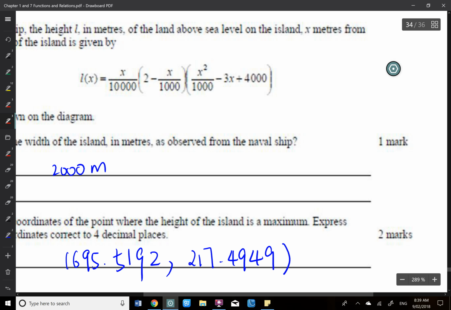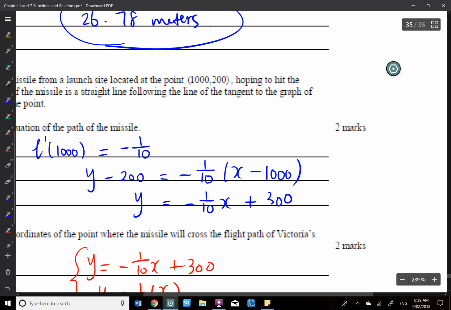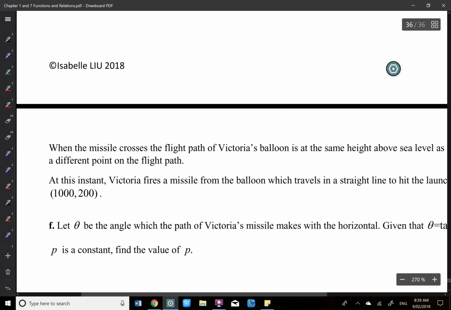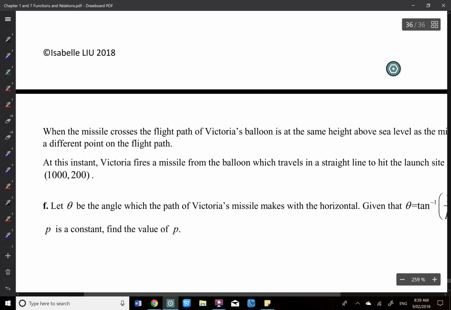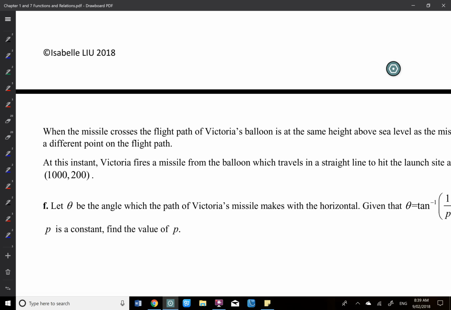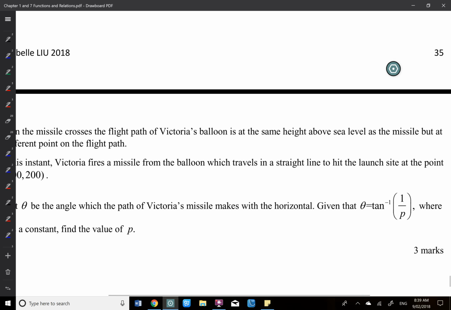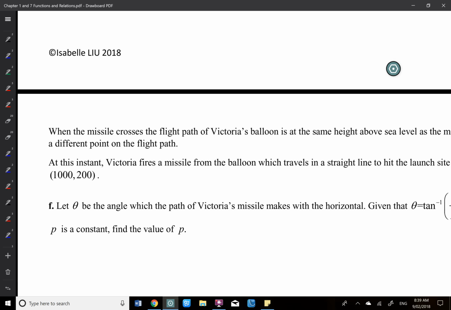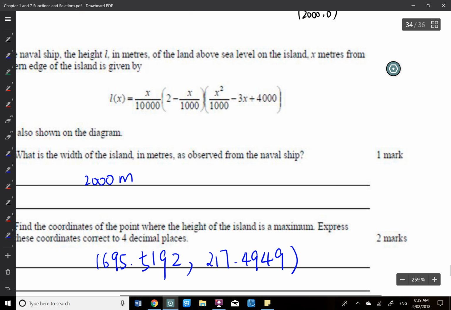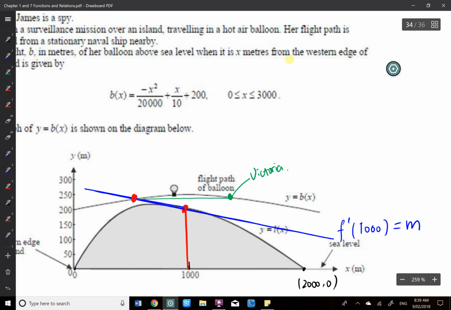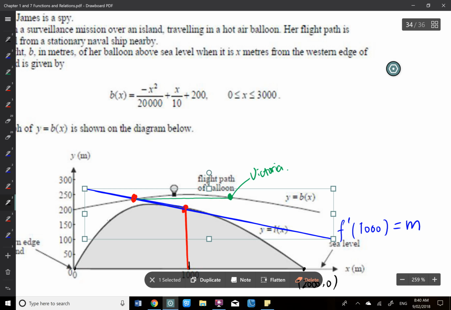All right, and then let's have a look at what's going on here. So at this instant, Victoria fires a missile from the balloon, which travels in a straight line to hit the launch site at the point 1,200. So Victoria is trying to fight back. I can use a black color to show the path.